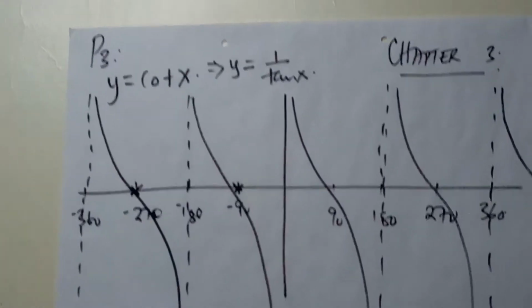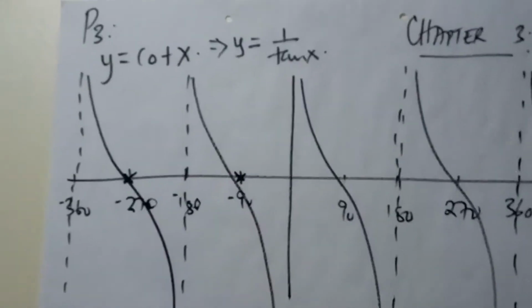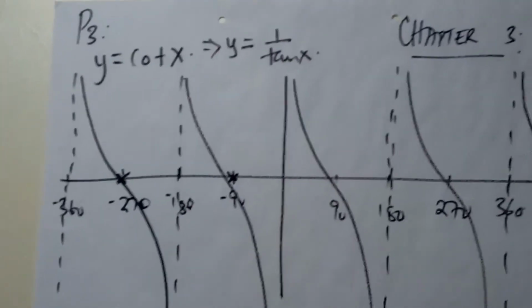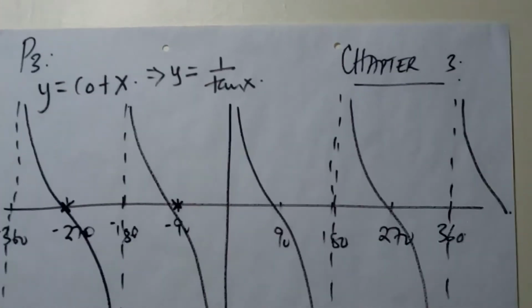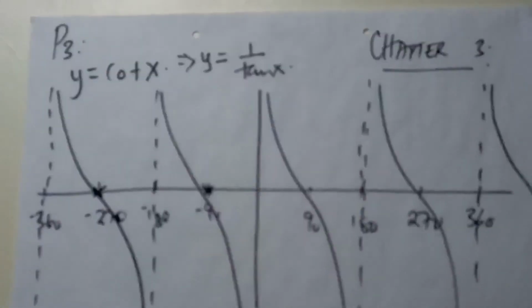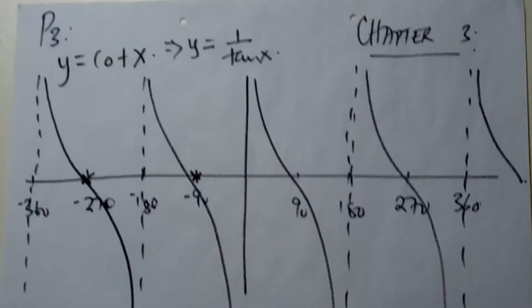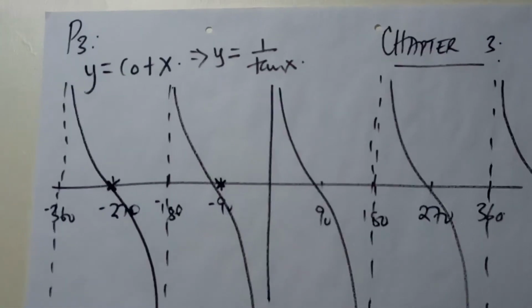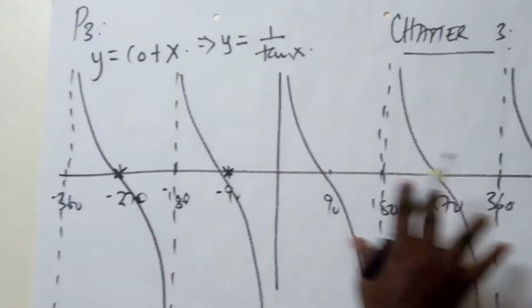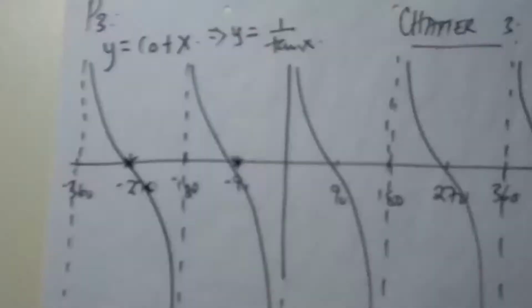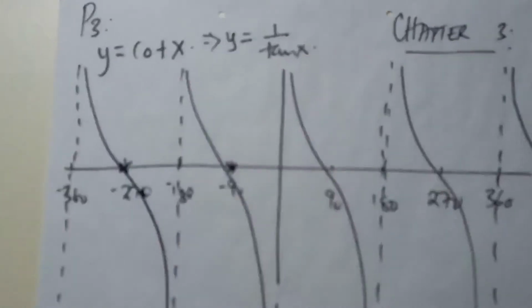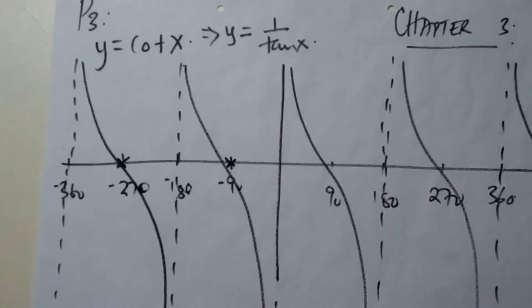What are its details? The domain of y is equal to cot x, where x is a real number, is actually any real number because it can assume every value, negative infinity to positive infinity.